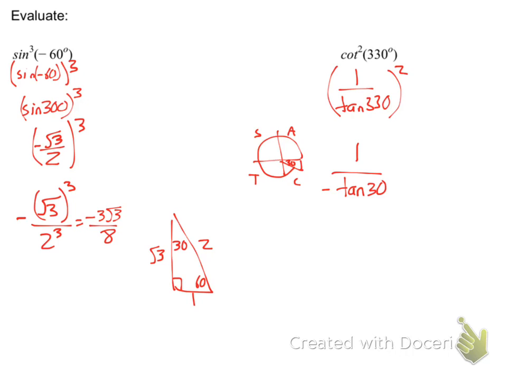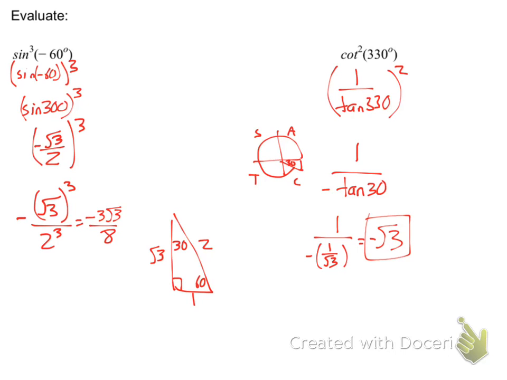Where's 30? What's the tangent? Negative. It's 1 over square root 3. When you divide by a fraction, you multiply by the reciprocal. So it equals negative square root of 3.